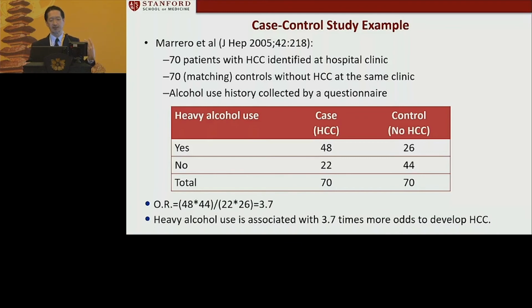And they documented that there were people who had heavy drinking versus not heavy drinking, and this was their 2x2 table. And when they calculated the odds ratio, AD divided by BC, it was 3.7, indicating that heavy alcohol use provides about 4 times the risk of HCC as compared to people who don't drink alcohol.